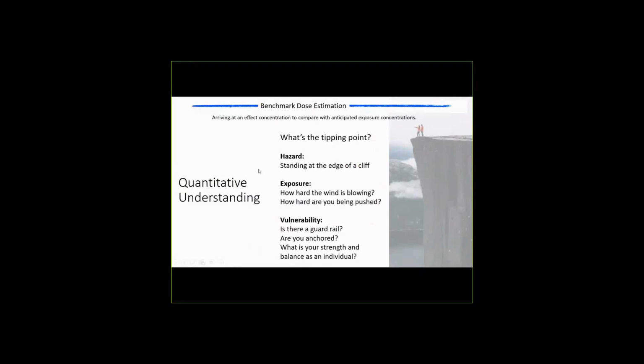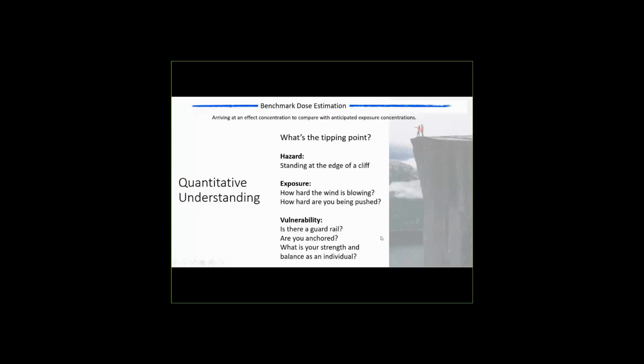So again, a lot of our AOPs are described qualitatively with the assumption that we're going to drive everything to the end, and so it's really a hazard assessment. It's sort of like standing on a cliff. Certainly there's a hazard there, but risk is determined by things like how hard you're being pushed or how hard the wind is blowing, whether the individual's balance is good enough, whether there's a guardrail, all these types of things.